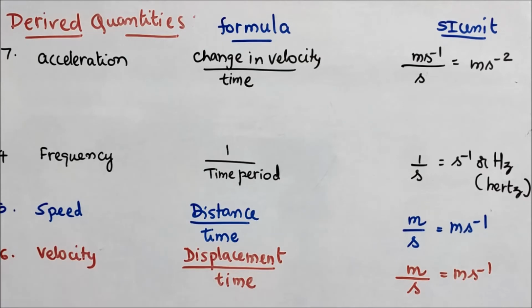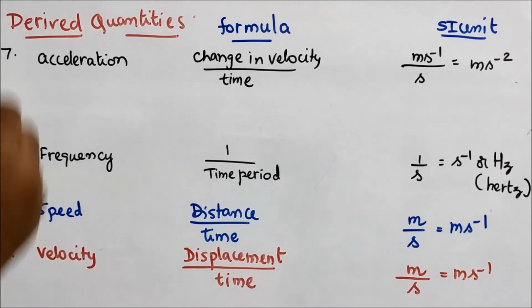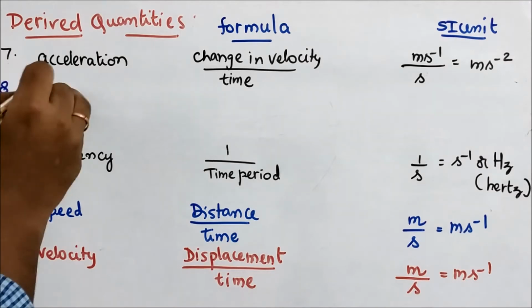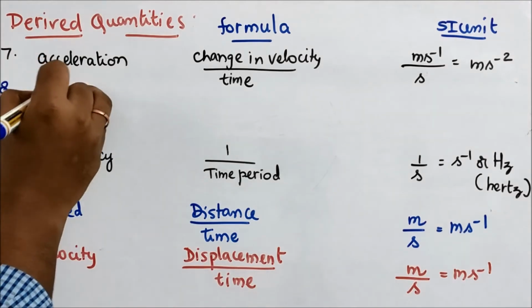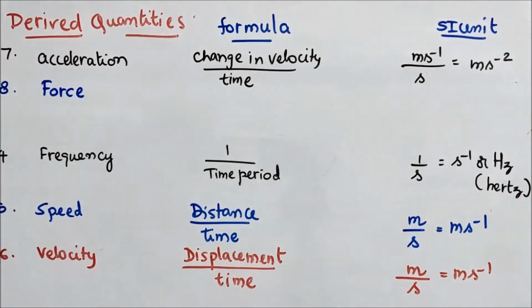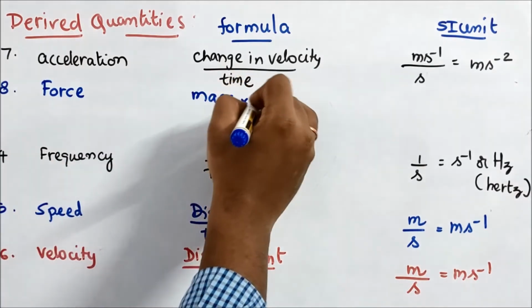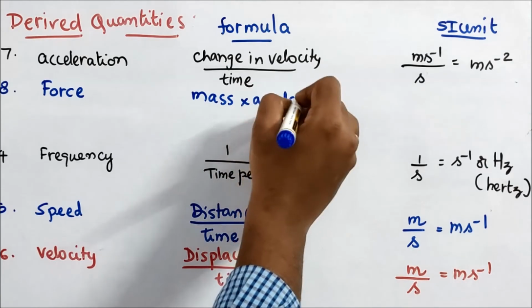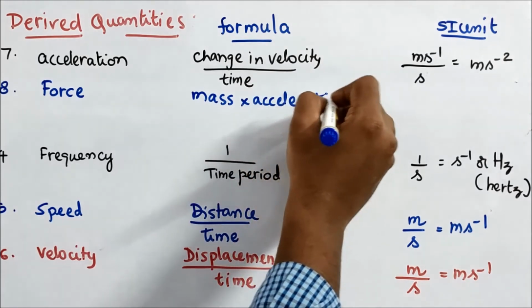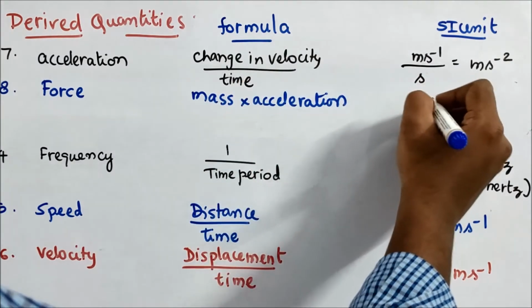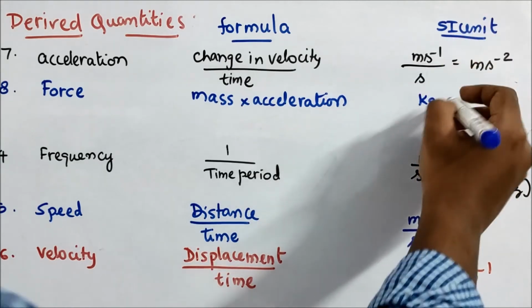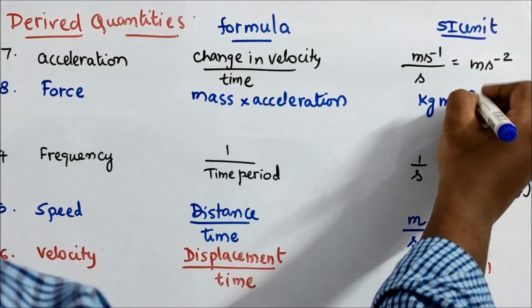Next, force. Force is defined as mass into acceleration, the product of mass and acceleration. The unit for mass is kg, and the unit for acceleration is meter per second square.